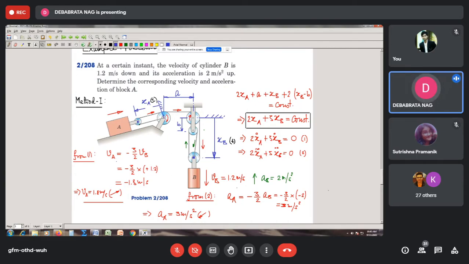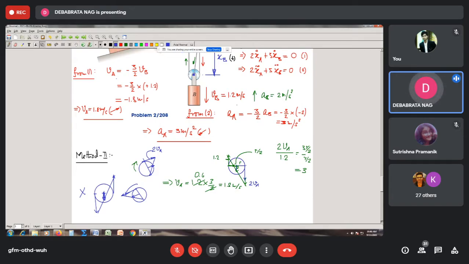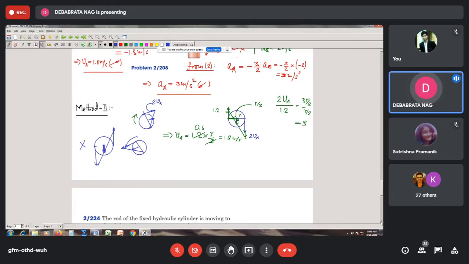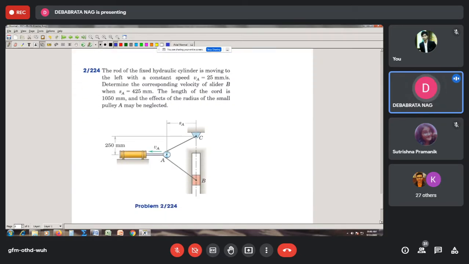But this is actually where the engineering comes in, in method 2, where you need to understand the kinematics of the pulleys. Okay, so with this comment, now I come to discuss this second type of problem, and this is the second problem. It's again from the book of Meriam and Kraige. I am taking this book as my textbook because this is freely available.